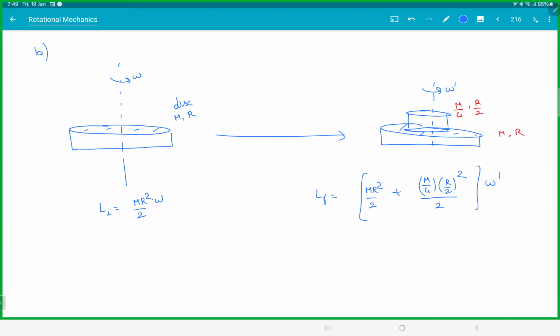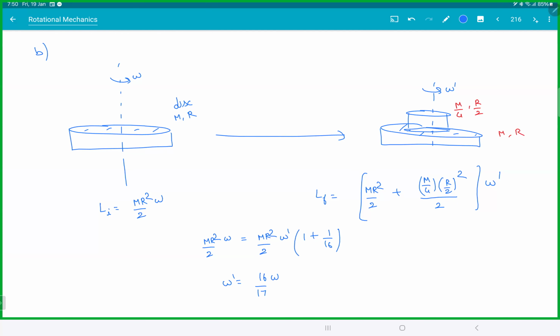Check it out. So L initial is equal to L final. How much is that? 1 by 16. Omega dash is 16 by 17 omega. Check. Same thing, Anika.